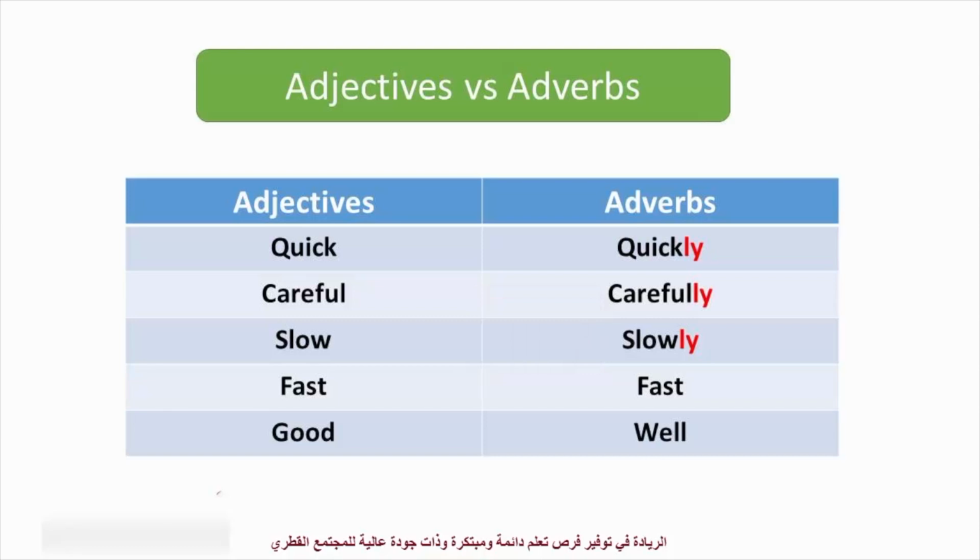Most adverbs are formed by adding ly to an adjective, such as the word quickly, carefully, and slowly. Some adjectives and adverbs are the same. They stay the same. So we can use the word fast as an adjective, and we can use it as an adverb at the same time.